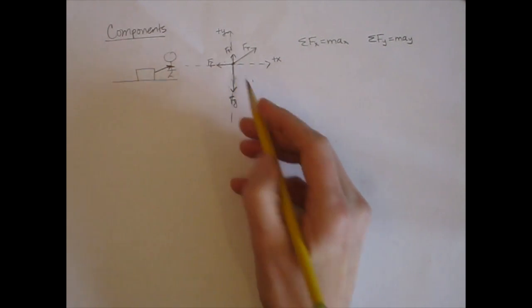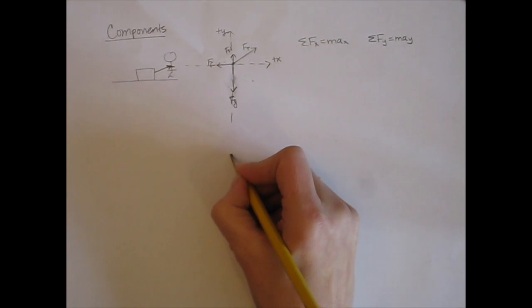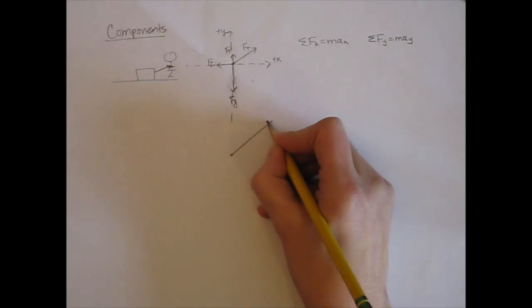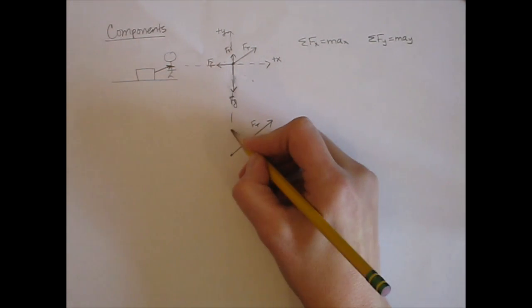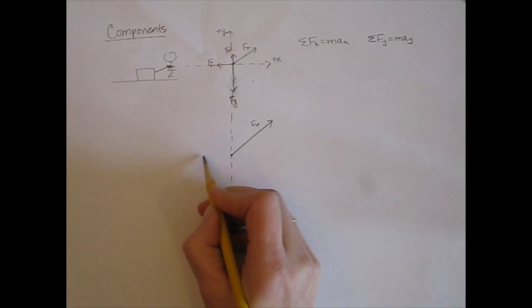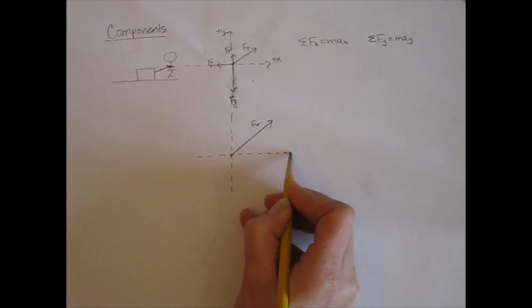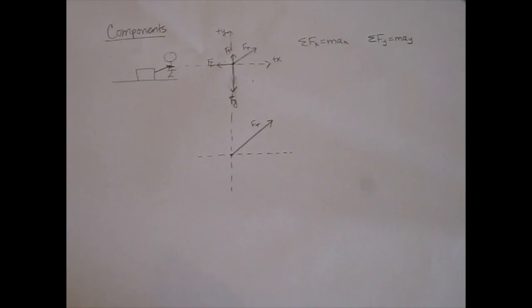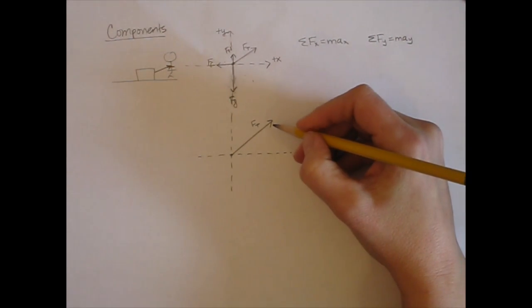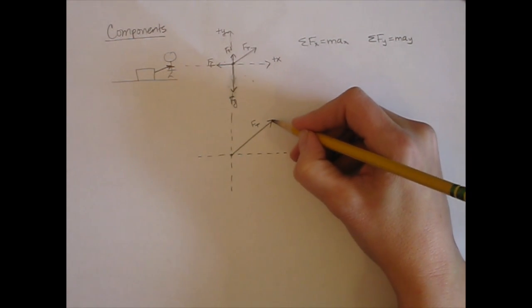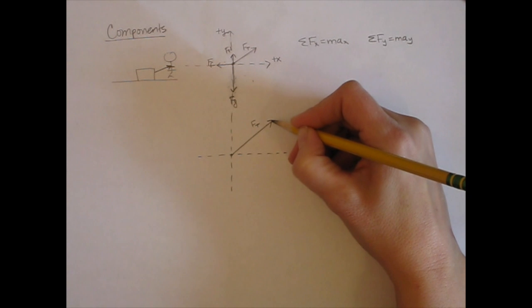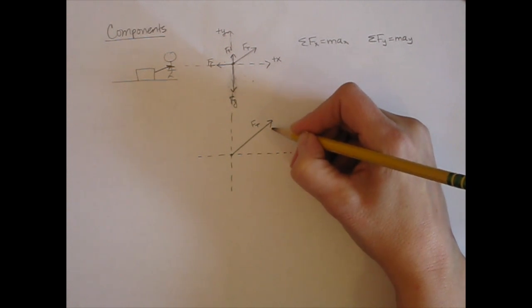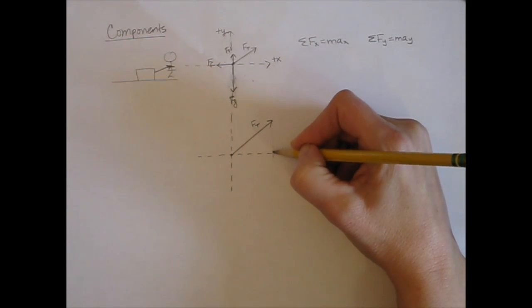So let's go ahead and redraw our force vector a little bit larger. So here's my force of tension, here's my y-axis, and here's my x-axis. In order to find the components, you need to, from this point, project down to the x-axis.